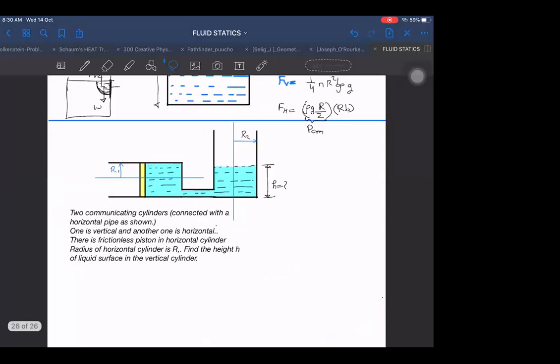Do this one. Okay, I'm giving you a hint on how to do it. Just balance the force on the piston. Balance the force on the piston from the left hand side and from the right hand side. You will get the answer quickly.